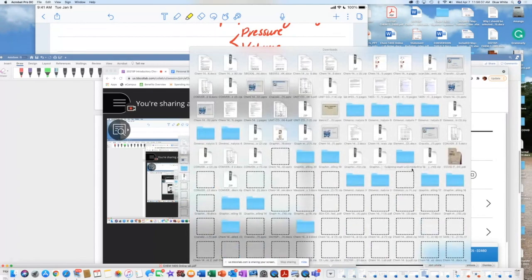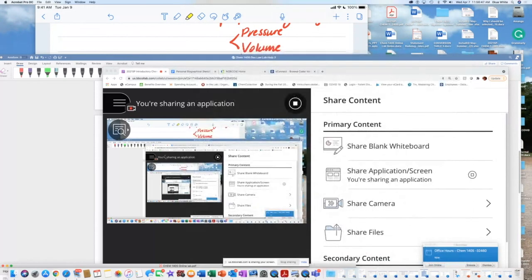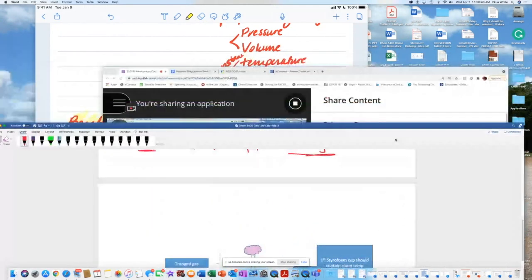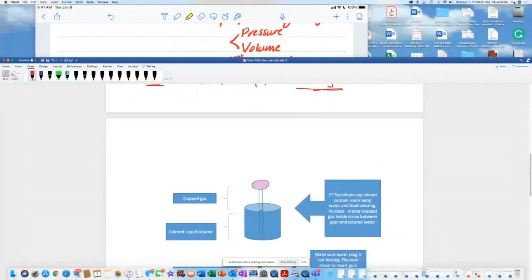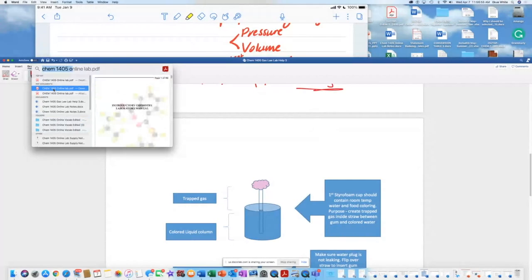What I have right now is the gas law help. I tried to click on something, but it's not showing. Oh, I guess it's actually experiment 10. Yeah, I think it's actually experiment 10.